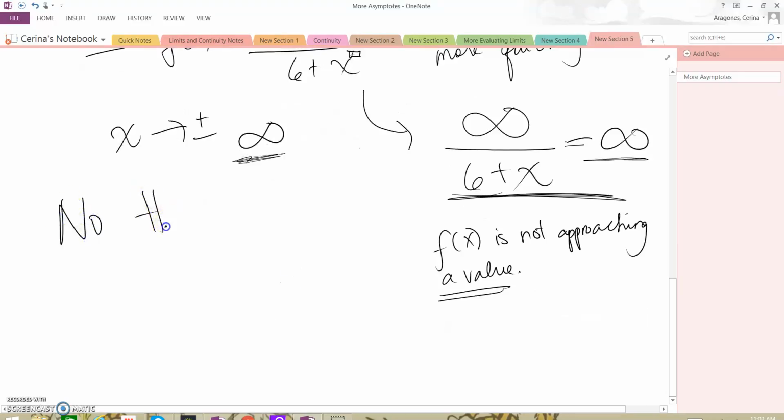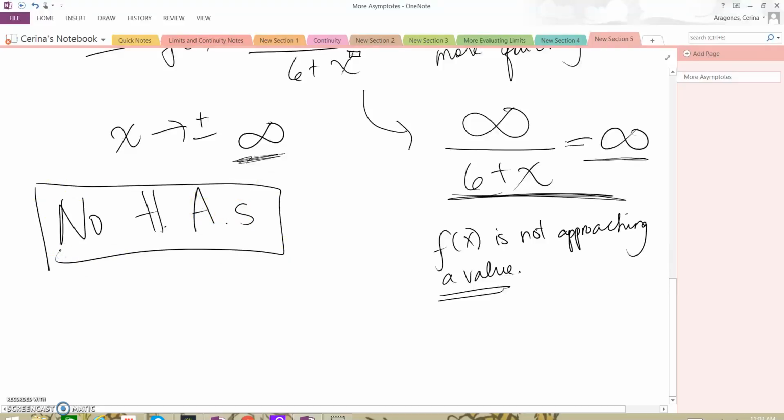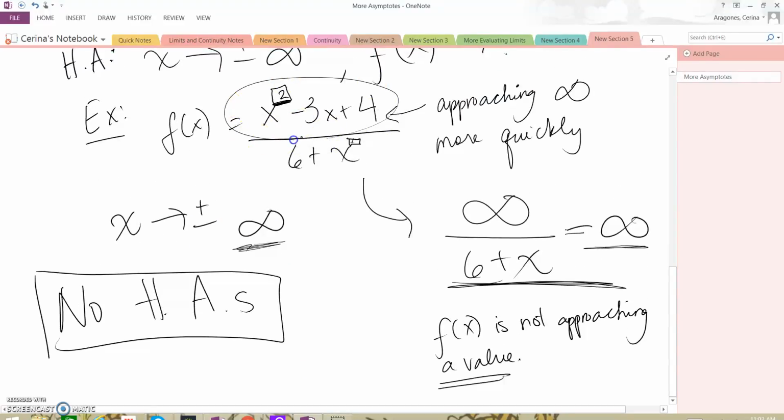So there are no horizontal asymptotes. If your numerator has a higher degree than your denominator, you have no horizontal asymptotes because you are just approaching infinity more quickly. Therefore, it's not approaching any particular value. Okay? So that's horizontal asymptotes.